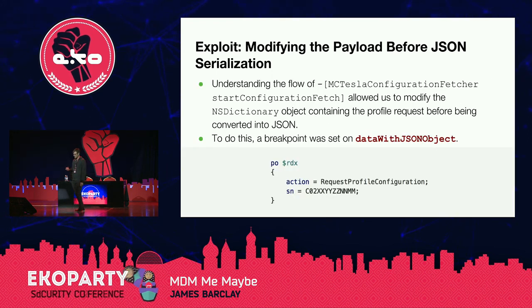So understanding this flow of the MC Tesla configuration fetcher start configuration fetch allowed us to modify the dictionary containing that profile request before it's ultimately converted to JSON. To do this, we set a breakpoint for data with JSON object.